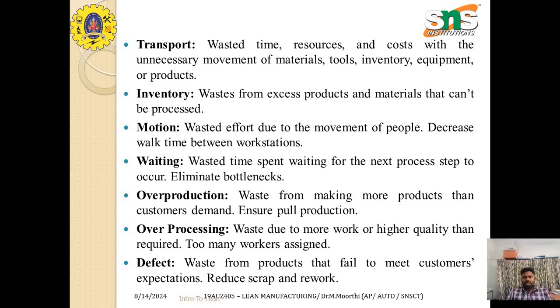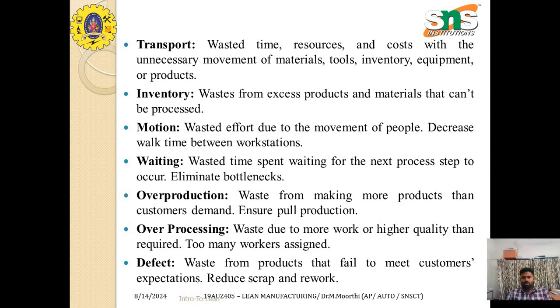So in that case, we have to minimize the waiting time as much as possible. And then overproduction needs to be eliminated completely. Lean manufacturers mainly focus on customer demand and customer requirements, what they need, so that the industry or company produces only what is needed. Then overproduction, the waste from making more products than customers demand, is avoided.